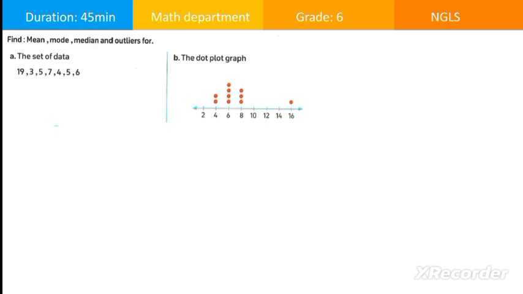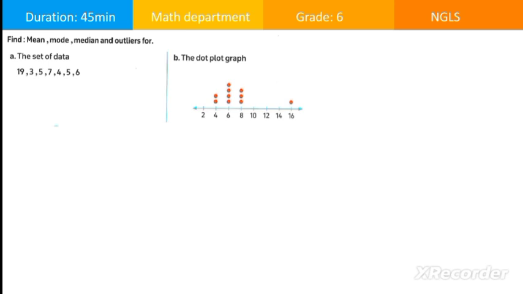How can I find the mean, median, mode and outliers from the data 19, 3, 5, 7, 4, 5 and 6? Which is the most repeated data? Excellent, very good. The most repeated data is 5, so the mode is 5.